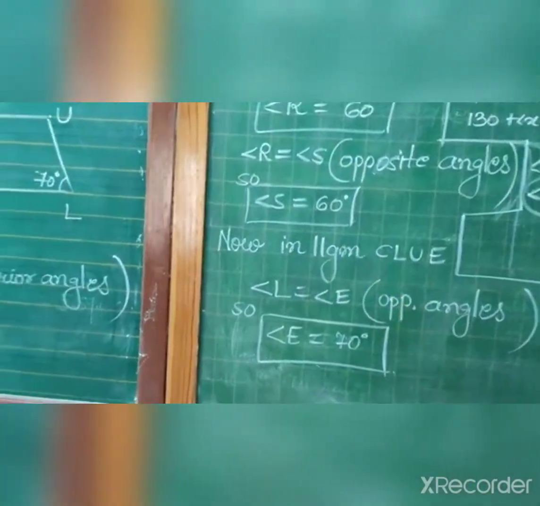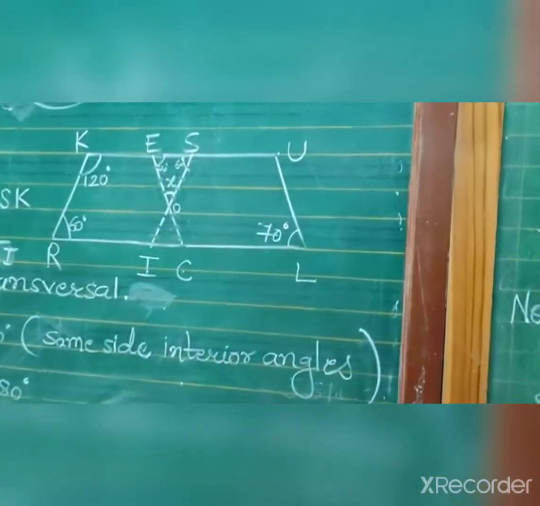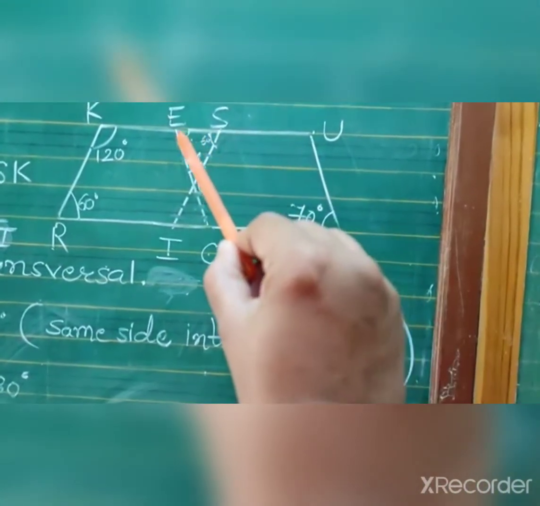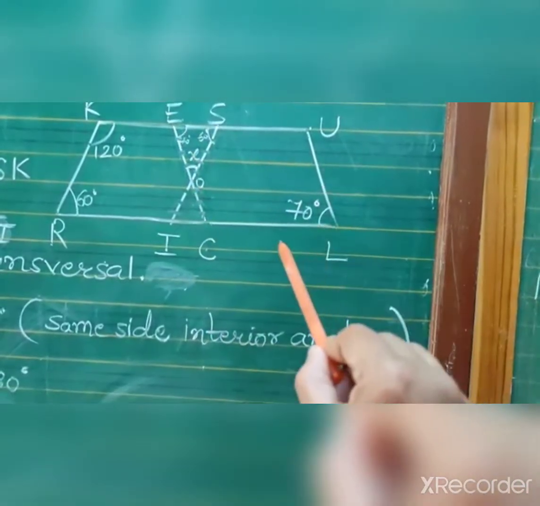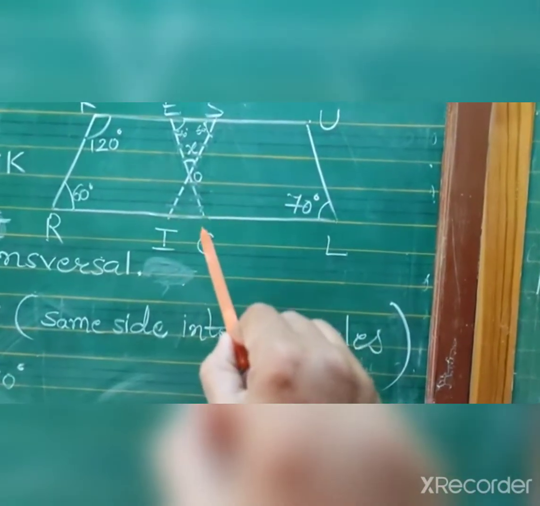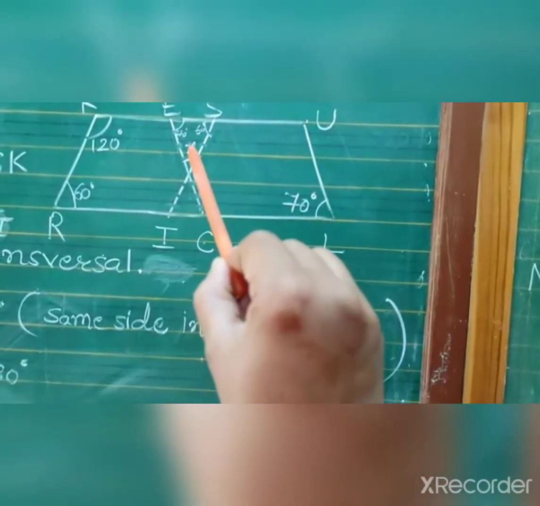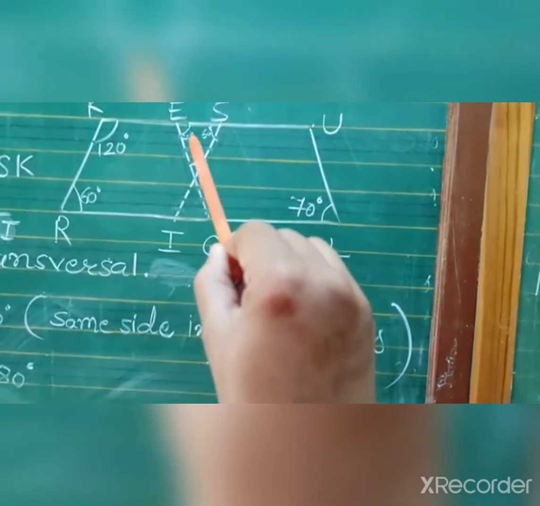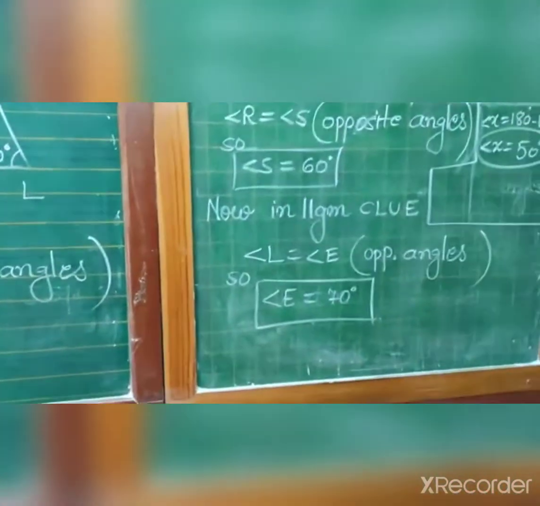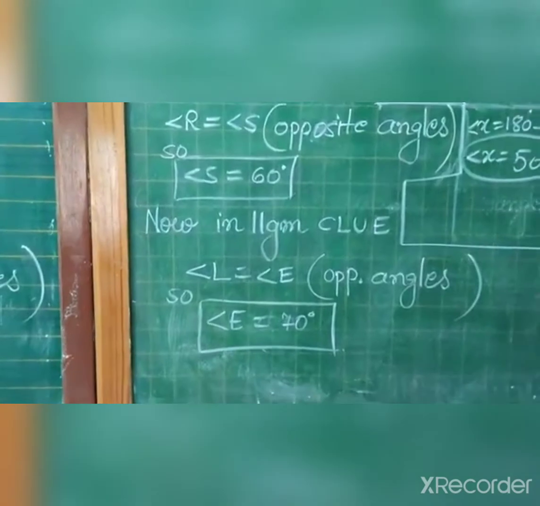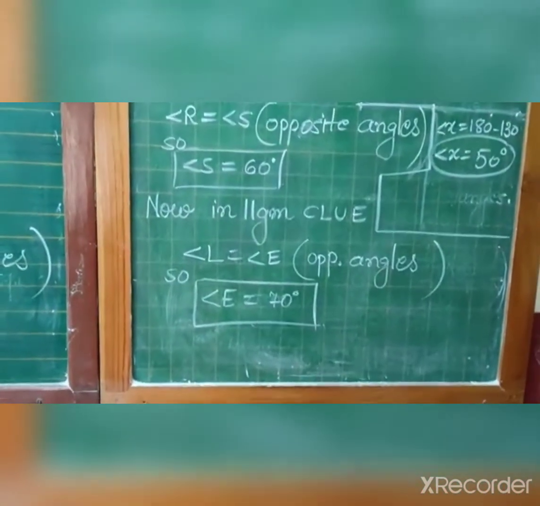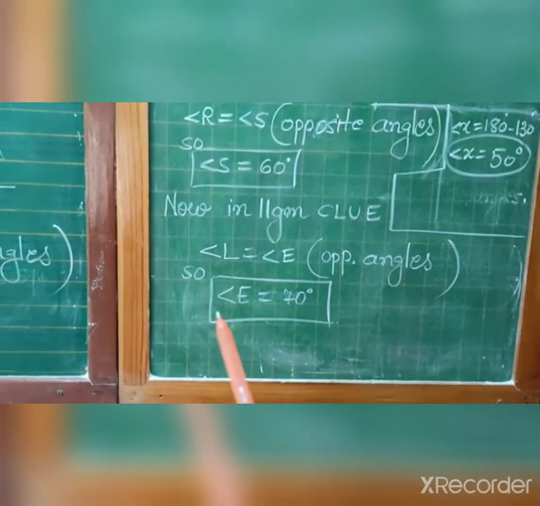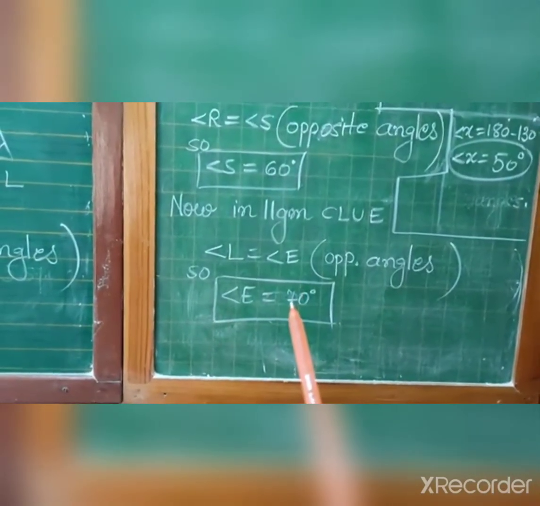Now in parallelogram CLUE, the opposite angle of C is U, L is E. L is given 70 degree, opposite angle is E, it will also be 70 degree. So angle L and angle E are equal, then angle E will be 70 degree.